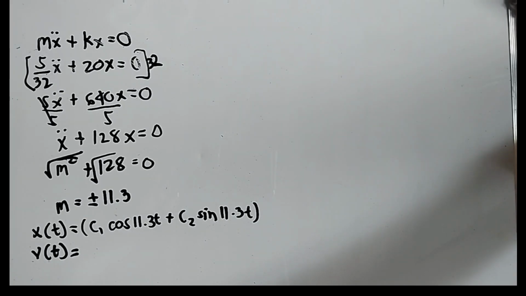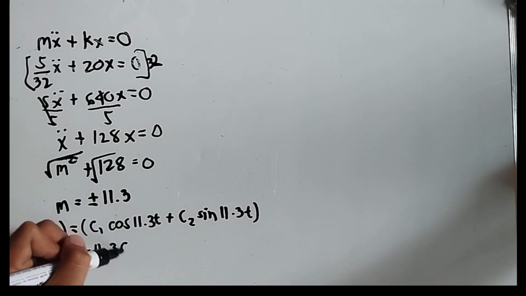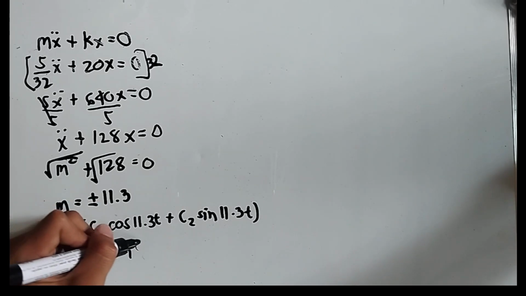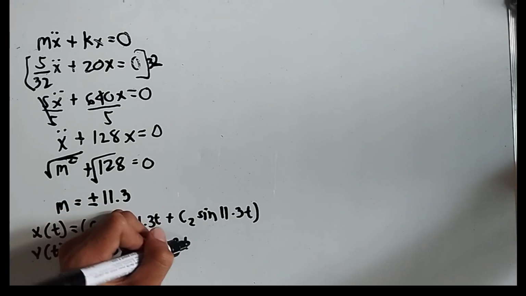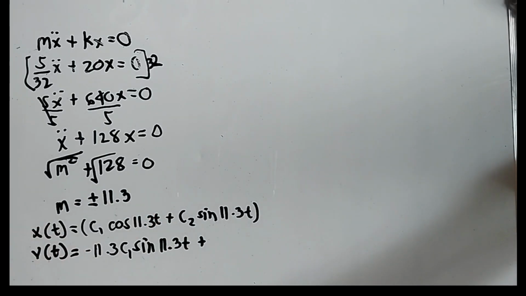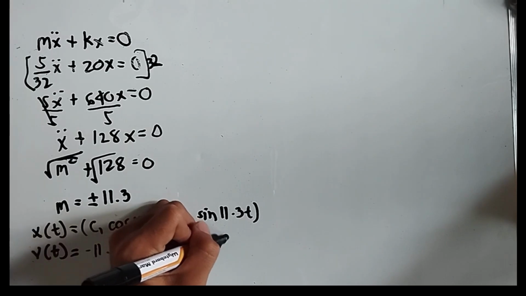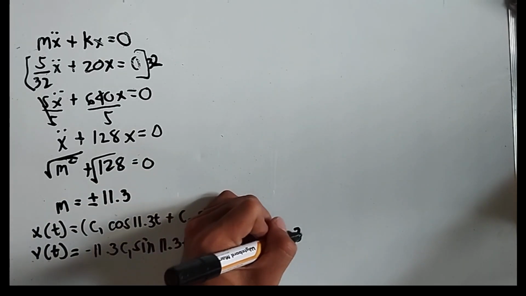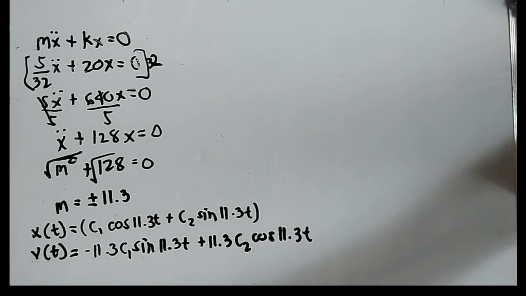The derivative of c sub 1 cosine 11.3 t is negative 11.3 c sub 1 sine 11.3 t, plus the derivative of c sub 2 sine 11.3 t, which is 11.3 c sub 2 cosine of 11.3 t. So now we already have both equations, the x and the v.